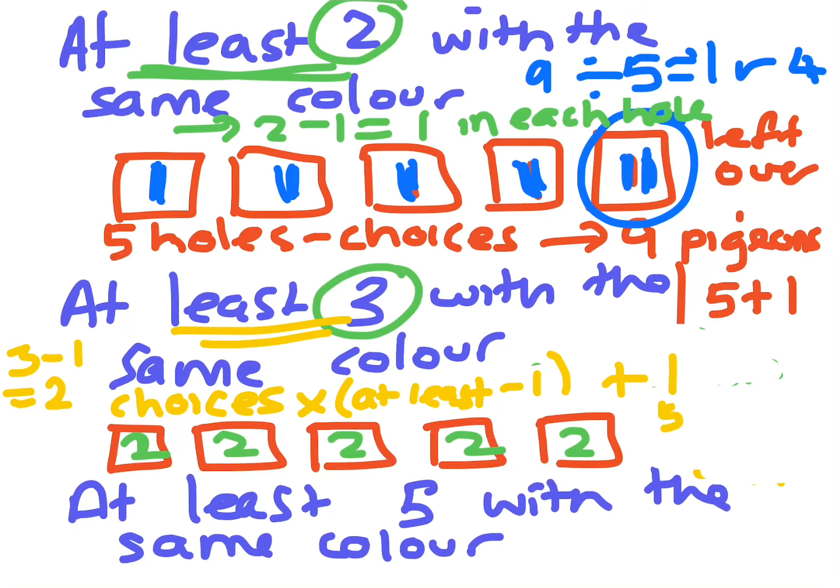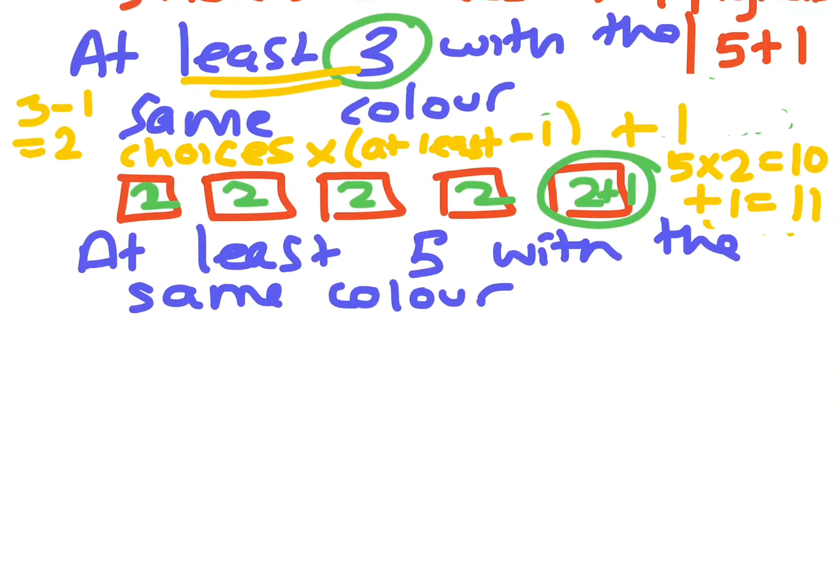See, so your choices here is 5 times 2, that would be 10 altogether, because you've got 2 in each hole. And then if you add 1 more, then you're going to end up with 3. You're going to be certain that there will be 3 in one of those holes. Okay, so it's like a sharing game.